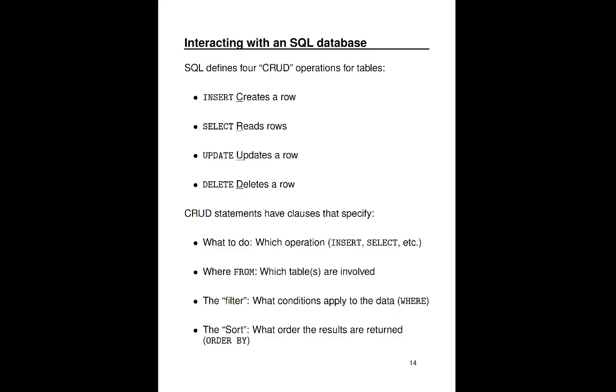Something like that. And there's another optional clause that applies to select statements, which specifies the order in which the results are returned. That's an order by. And so there maybe we could order alphabetically by name or by enrollment date, those kinds of things. And we'll see some examples here shortly, but I hope what you're taking away is an appreciation for the breadth and the power of SQL, allowing you to do a lot of things with your databases.